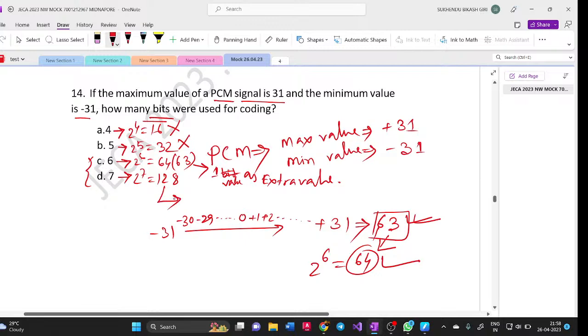But if you take 128 values, then you take about 65 extra values. So the most accurate answer is option C.